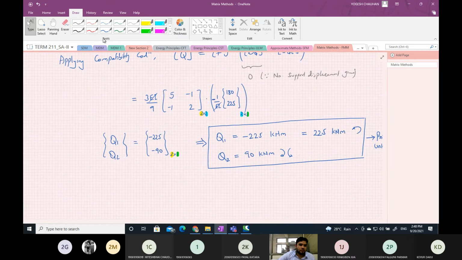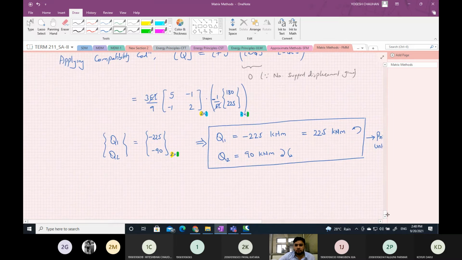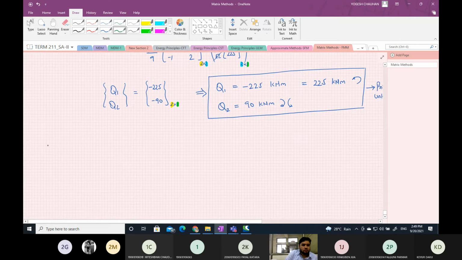So next step is to find the secondary unknowns. So step 6: secondary unknowns.